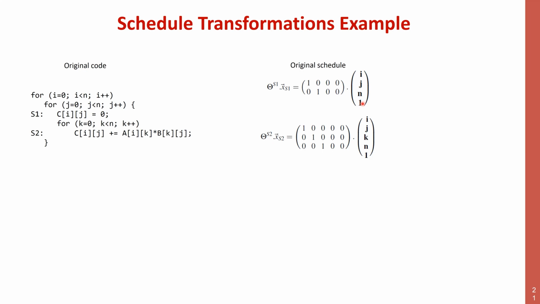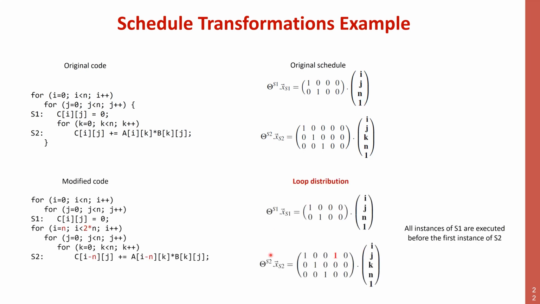And what is the interest of this representation? The interest is that we can use these matrices to express transformations of the code without doing the transformations on the code or without thinking of code, really.